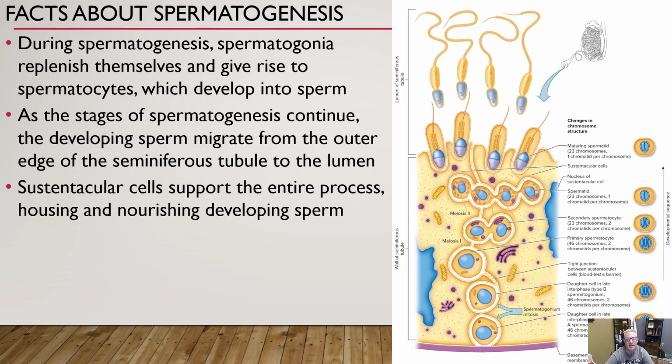And then as the stages of spermatogenesis continue, the sperm migrate from the outer edge of the seminiferous tubules into the lumen. And those sustentacular cells, remember I said, are going to provide nourishment to the developing sperm. So here's also a picture representation of the mitosis, not meiosis, but the mitosis in spermatogonia.